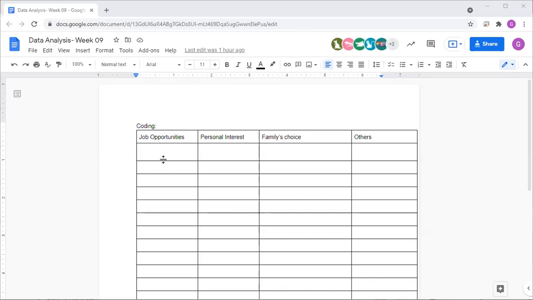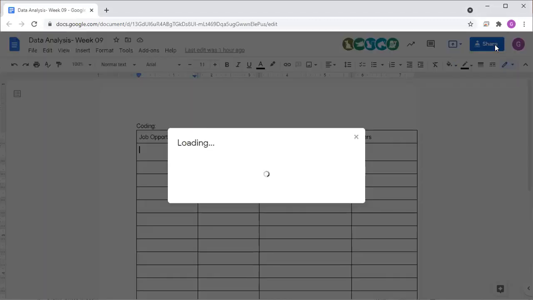You can't type? Why not? Can anyone type? Let me check the sharing rights.